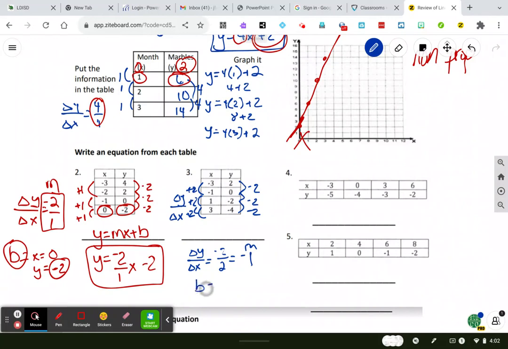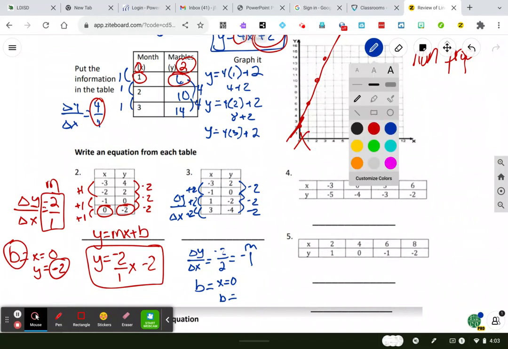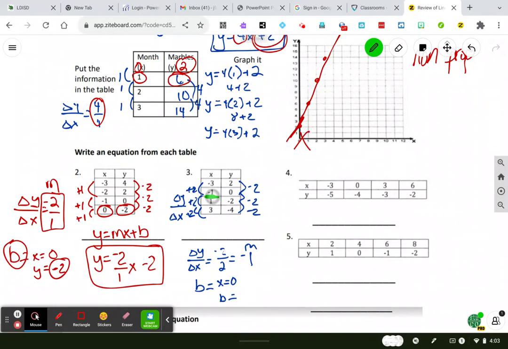So now our b, when x equals 0, our b is our number. Well, we don't have a 0 on our table, so we have to find that number. So what is the number that goes right in here? This is where 0 would be. And if that's the case, then I need to go over here and find out, okay, what is this number when x is 0?